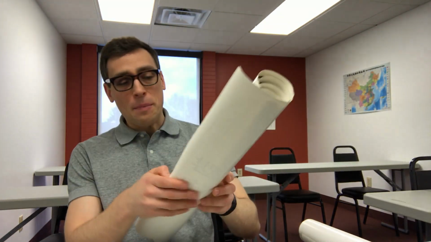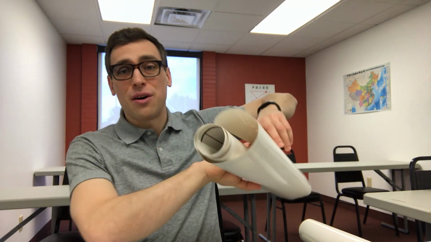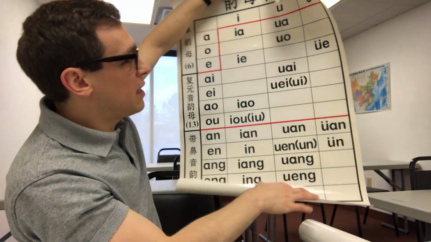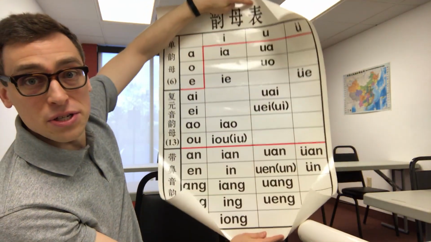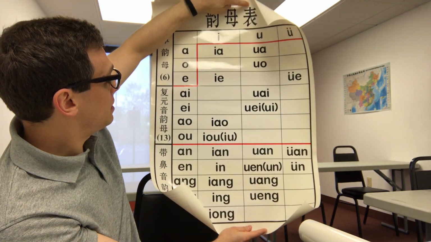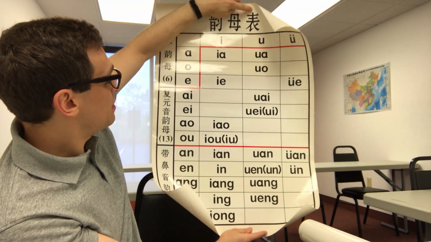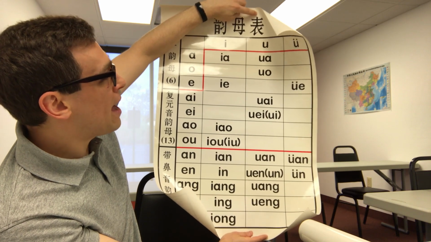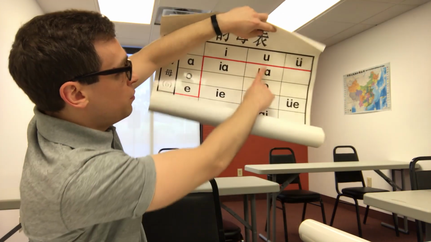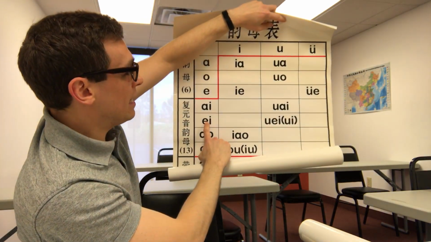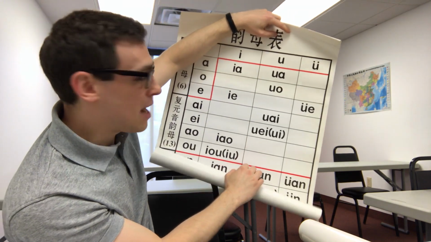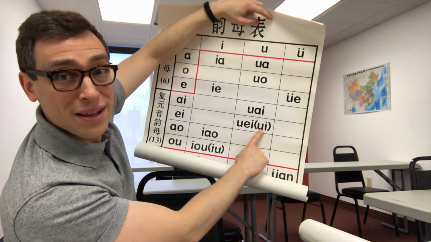Let's check our master chart of complex finals, see if we can find a UI somewhere on this chart. As it turns out, this UI is actually a blend of U and EI. We actually don't see this UI combination other than in parentheses here.